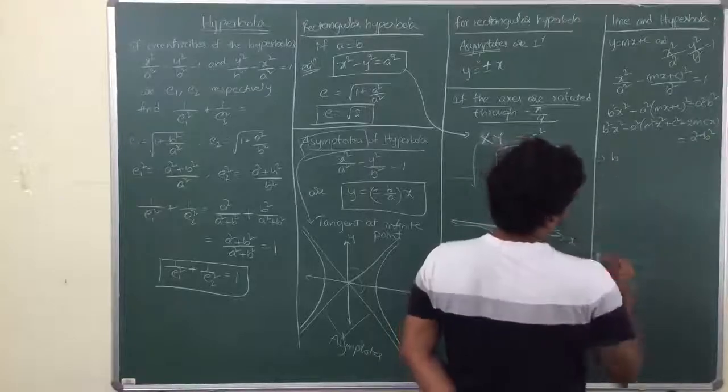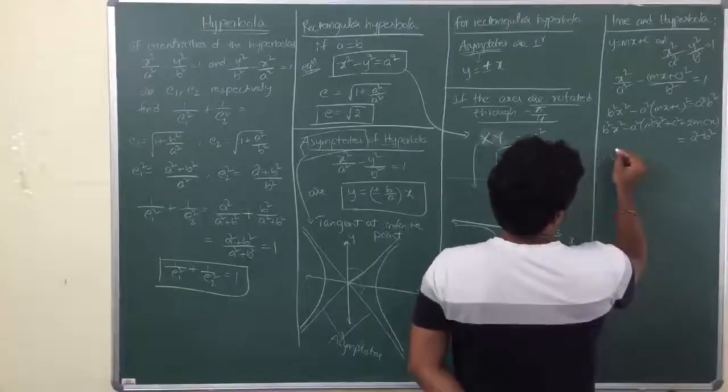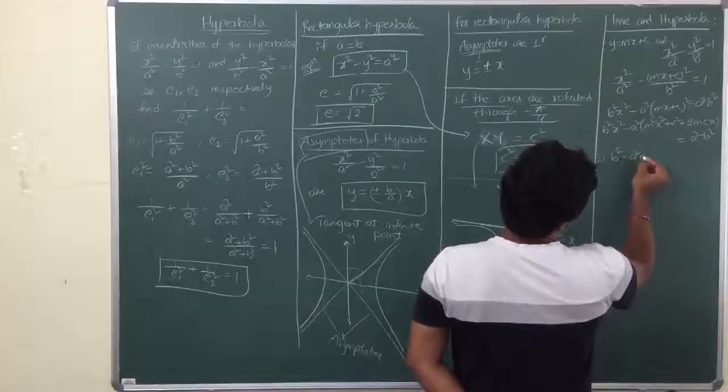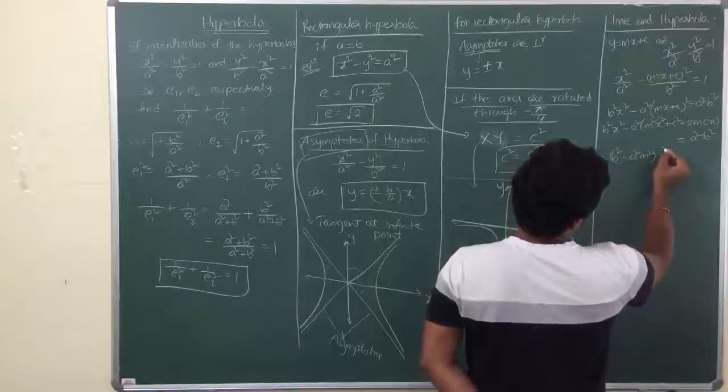Now, b square minus a square m square of x square.